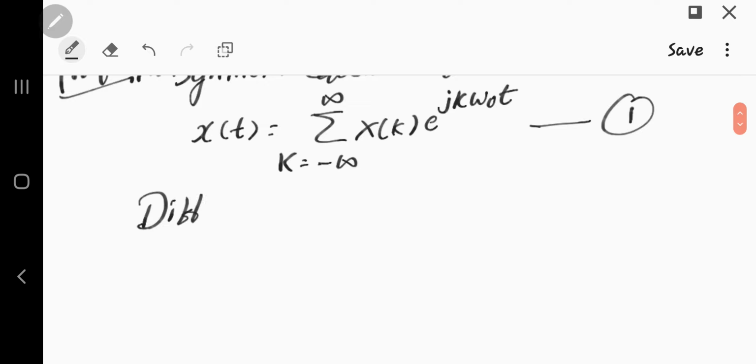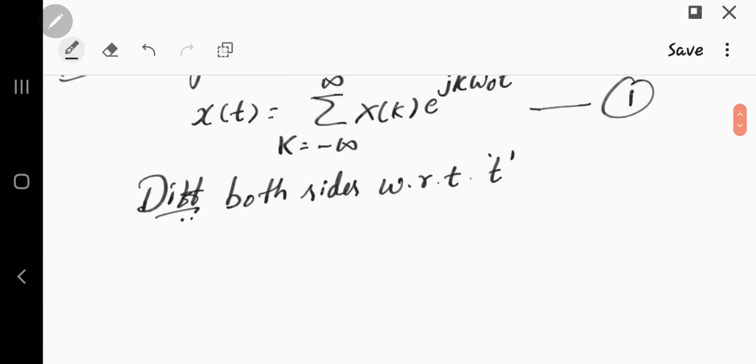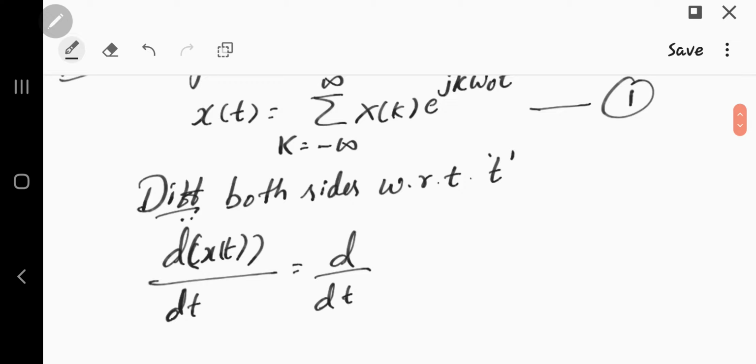Now differentiating both sides with respect to t. So we are differentiating this both sides with respect to t. So that allows us to get dx of t by dt is equal to the derivative of the summation k equals minus infinity to plus infinity x of k e power j k omega naught t.